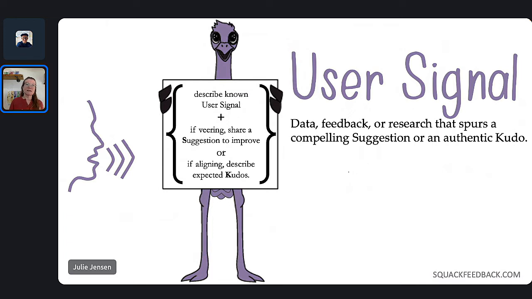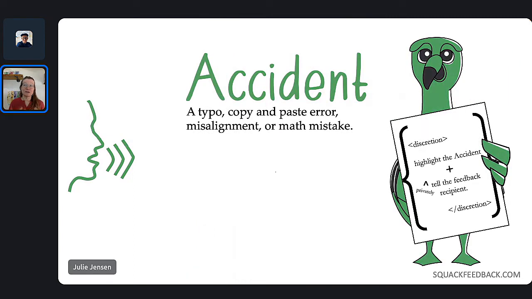And I, as a feedback giver, am really harvesting that same information to strengthen my suggestions and make that kudo feel even better because I know that it's tied directly to users. Accident is one of my favorite.